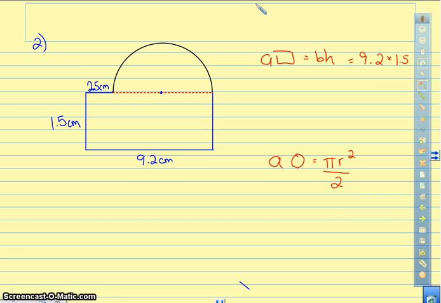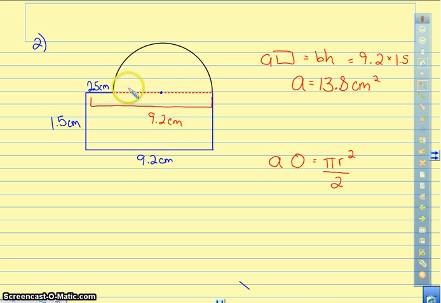9.2 times 1.5 is 13.8. So the area of my rectangle equals 13.8 centimeters squared. Now, this whole length is 9.2 centimeters.